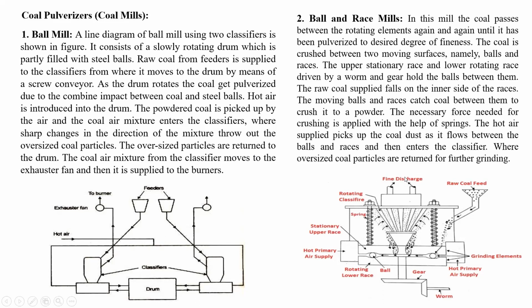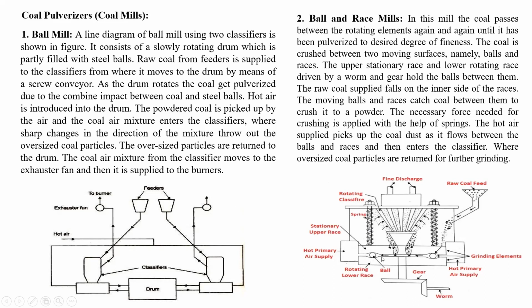In these mills, again I will explain the diagram first. You can see there are two adjustable springs here. You can see this rotating classifier here. The classifier is rotating. This is the raw coal feeding from both ends. This is the stationary upper race you are seeing here, and this is the lower race.